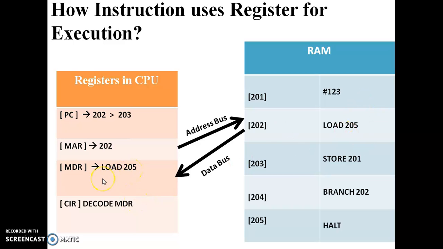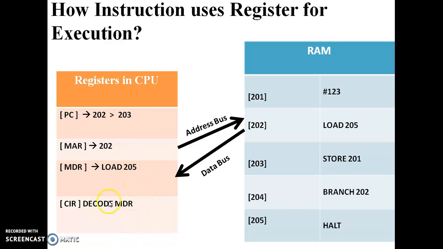This data will come here. Now what is the content of CIR, the current instruction register, which means what? Whichever instruction is being executed currently will be stored here. Now this instruction, load 205, is written in assembly level language. Now this needs to be decoded and executed.